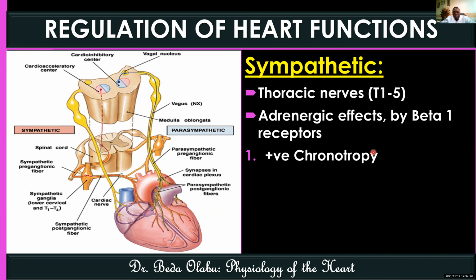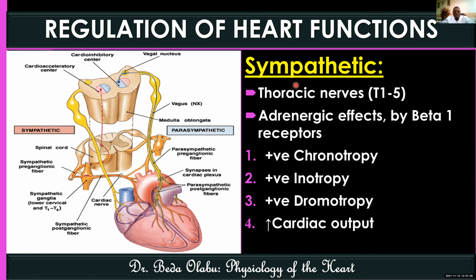The effects increase heart rate, increase contractility, increased conduction velocity. That is why sympathetic will reduce the PR interval. If you increase the heart rate and increase inotropy, which means eventually you'll have increased stroke volume, then definitely increase cardiac output.